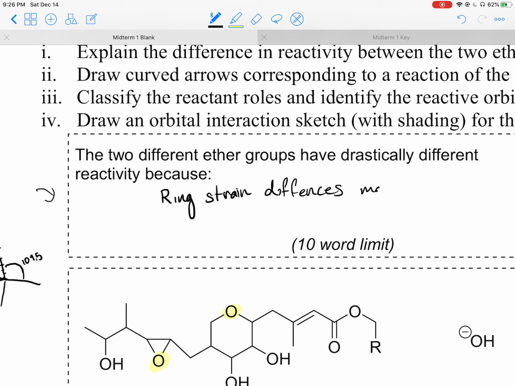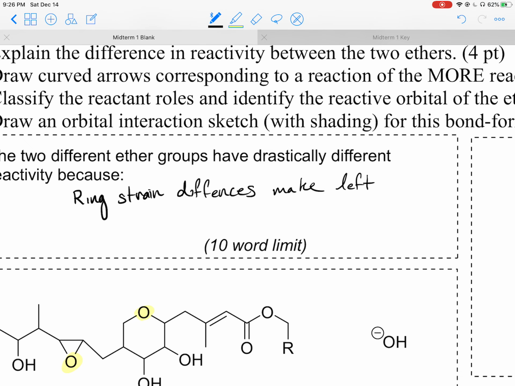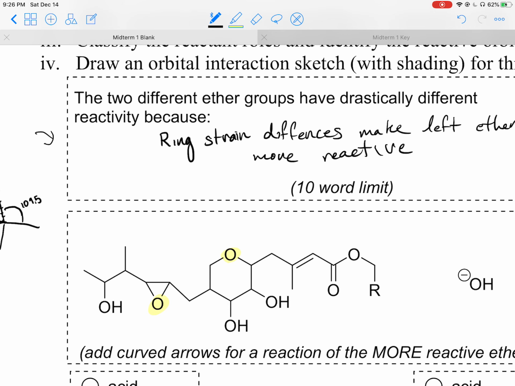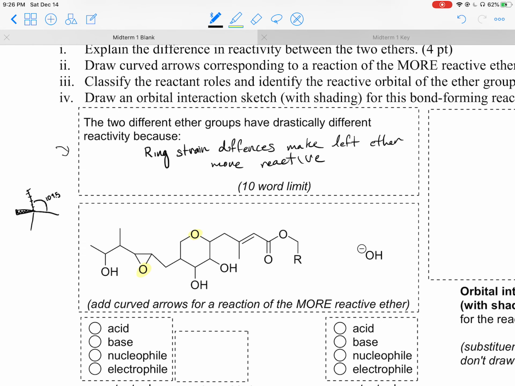I'll say it makes the left ether more reactive. Maybe that's not what I would say in an exam, but yeah, the 3-membered ring is more reactive than the 6-membered ring because of the ring strain. It just doesn't want to be like that.